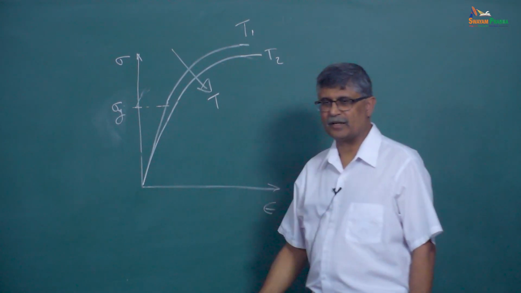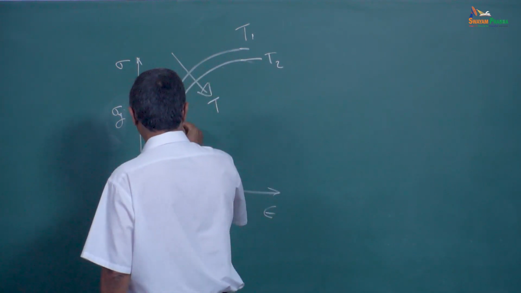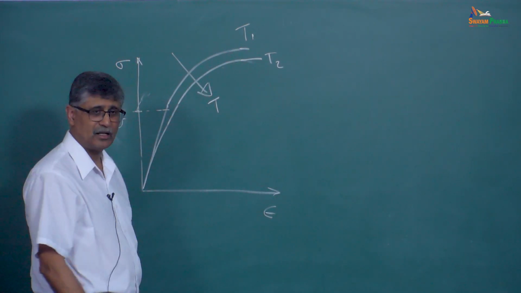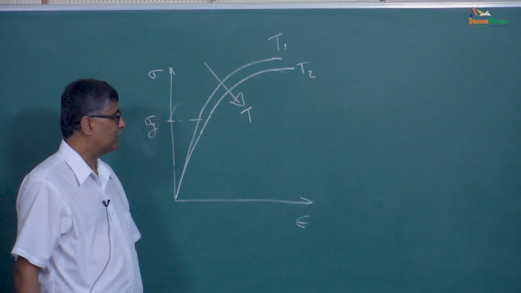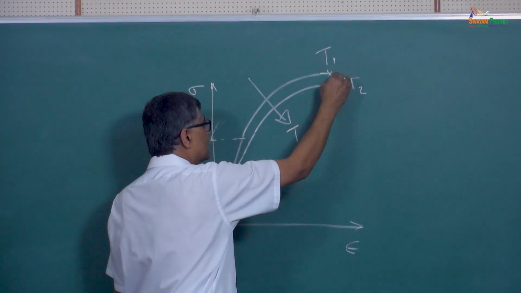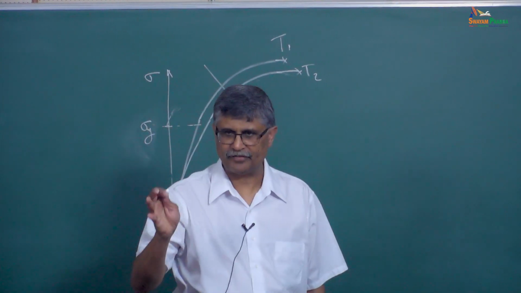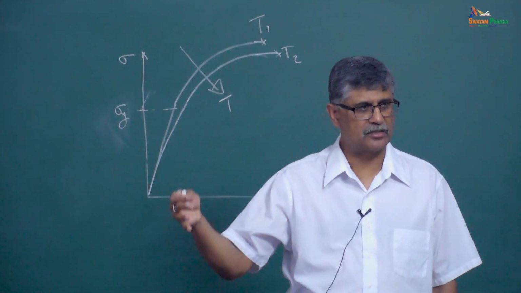If I increase temperature, what's going to happen? The material is going to soften, right? I'm going to lower the yield strength of the material, and I will increase the ductility of the material, the strain to fracture. This point goes out this way, and you can keep doing this, right? So that's softening of the material. The material is getting softer because of temperature.